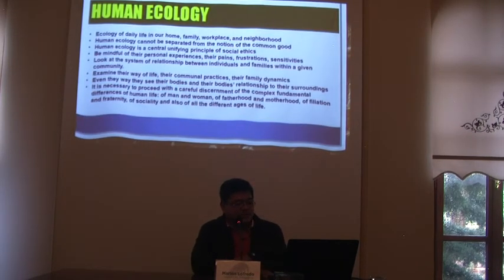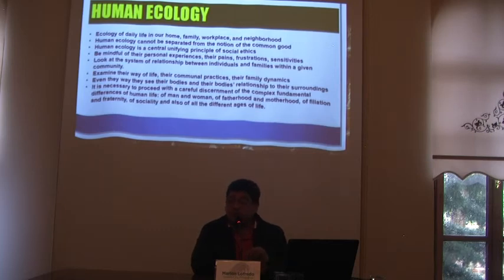And the last one is human ecology. I think this is quite easy to understand. Ecology of daily life in our home, family, workplace, and neighborhood. That's human ecology. It cannot be separated from the notion of common good, the central and unifying principle of social ethics. Be mindful of their personal experiences, their pains, frustrations, sensitivities. Look at the system of relationship between individuals and families within a given community.